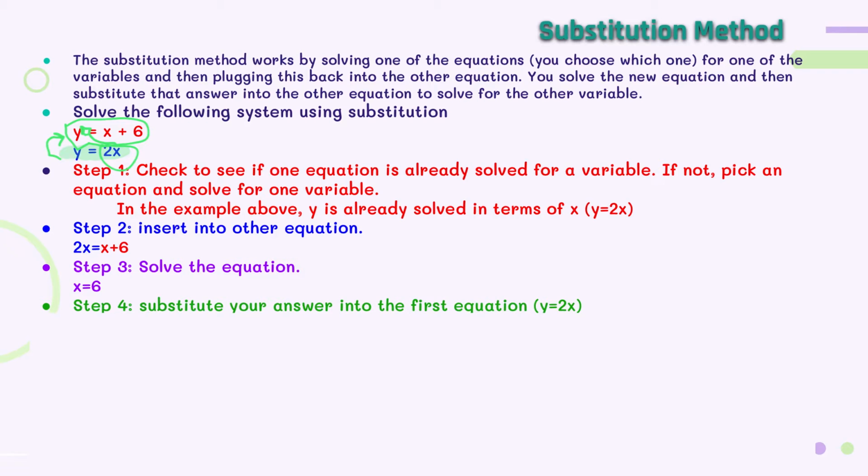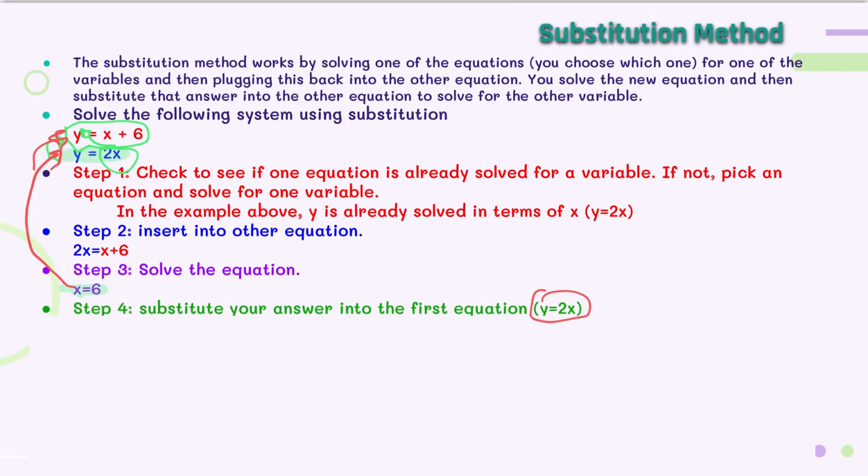Step 4 is to take this answer here and substitute it back in to one of the equations. So you could substitute it back into this equation or this equation. It doesn't matter. I'm going to choose to put it back into this equation, so y equals 2x.